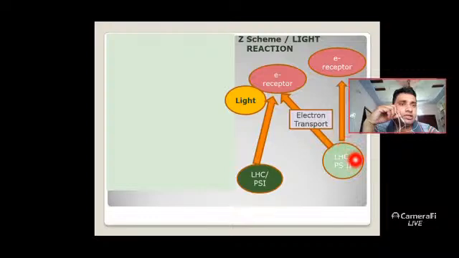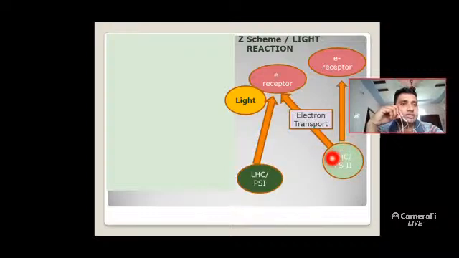Whenever light falls on this light harvesting complex, the chlorophyll pigments get activated and some electrons are released from the LHC, the light harvesting complex, or chlorophyll molecules.